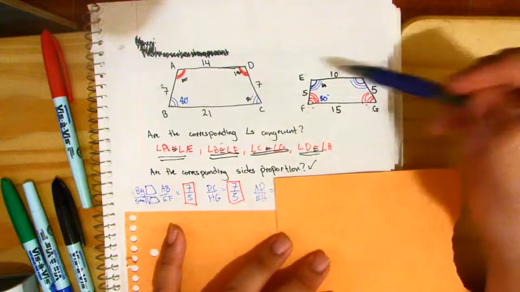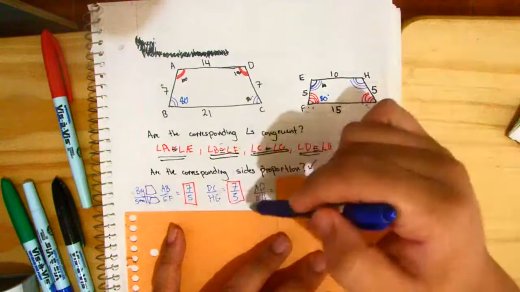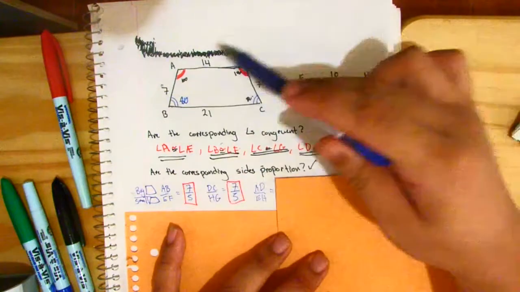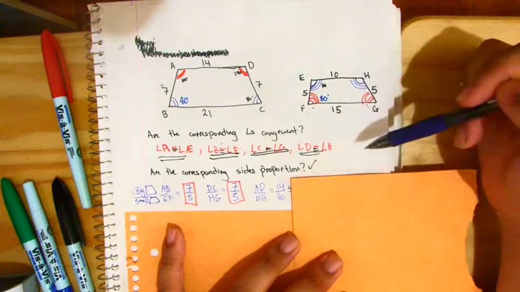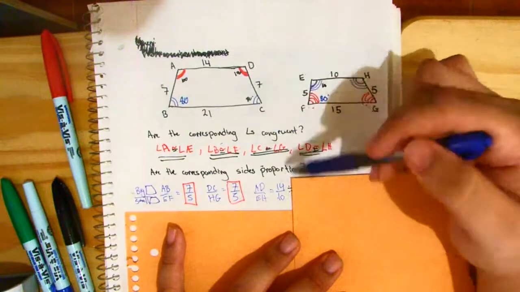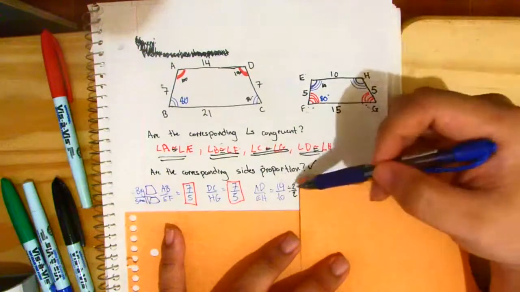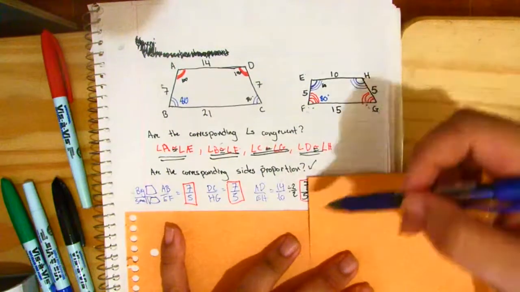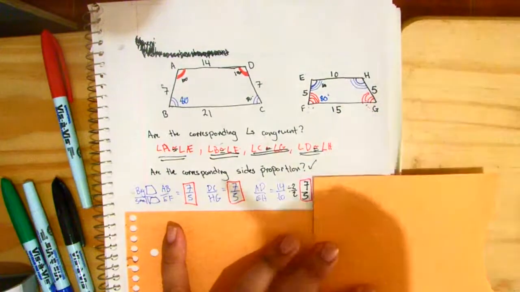Now we're going to determine if the top part is proportionate to EH, to both of the sides we just found out. AD is going to be 14, EH is 10. We can simplify by 2. 14 divided by 2 is 7, 10 divided by 2 is 5.